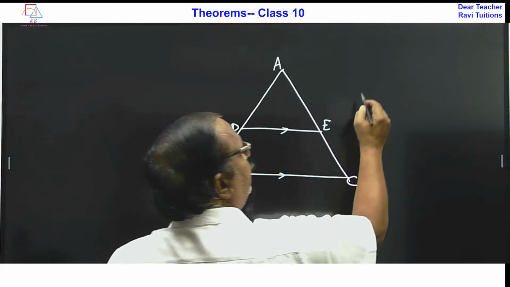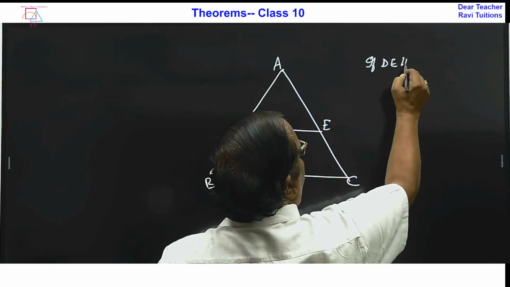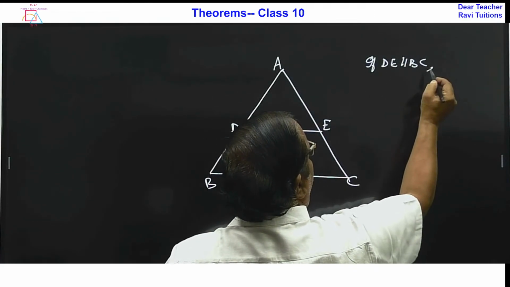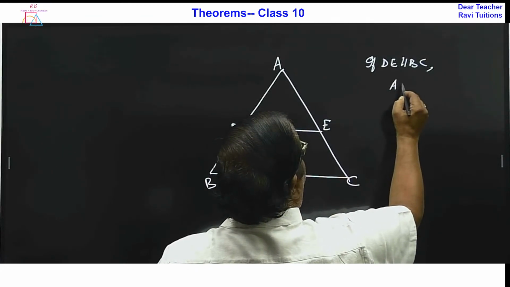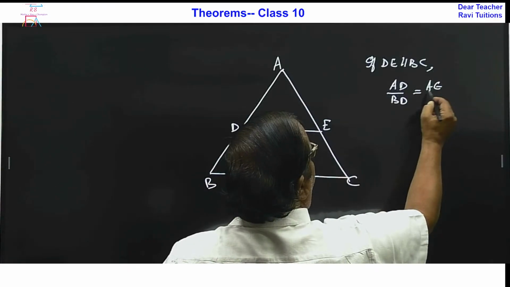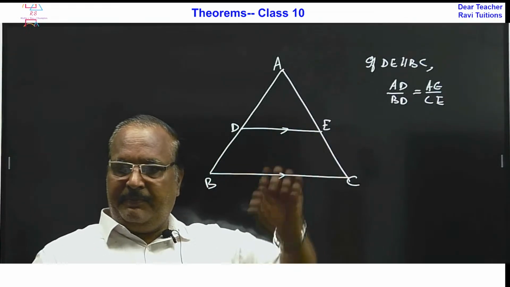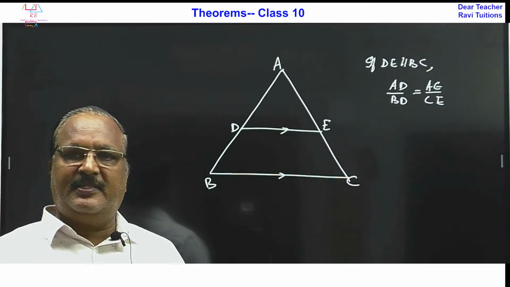So if DE is parallel to BC, then BPT says that AD by BD is equal to AE by CE. This is BPT, the basic proportionality theorem.